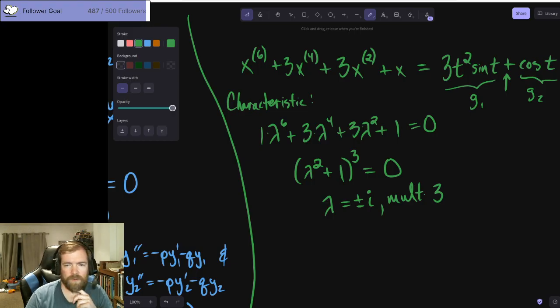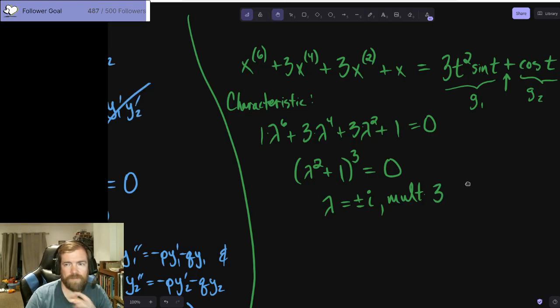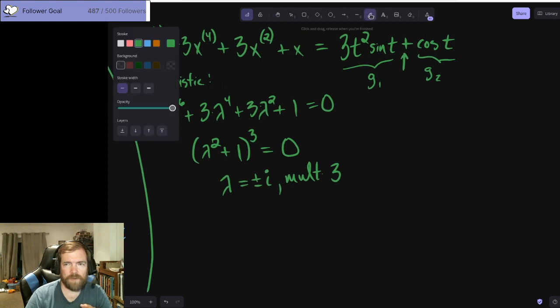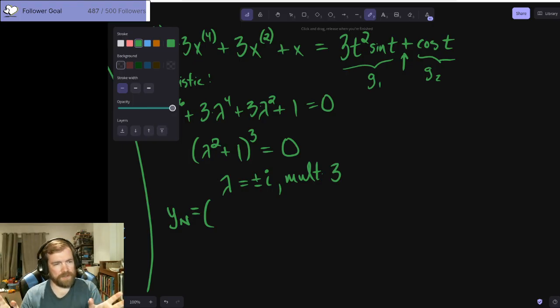With that, we don't need to go through a whole bunch of calculations. We can just say that the null space solution is going to get a cosine and a sine with each of these terms: a constant term times a sine and a cosine, a linear term times a sine and a cosine, and a quadratic term times a sine and a cosine.